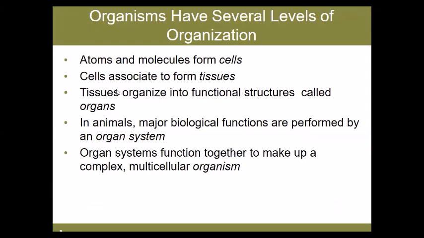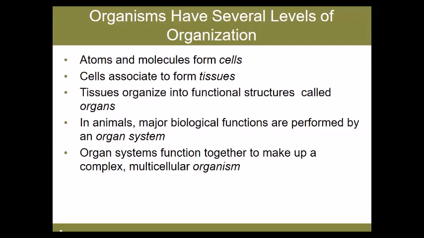Then tissues work together to form what's called an organ. If you're thinking about a heart or a liver or a kidney, these are organs made up of tissues that function together. Then organs categorized together create an organ system. If you ever take anatomy classes, you'll talk about 11 different organ systems in the body.